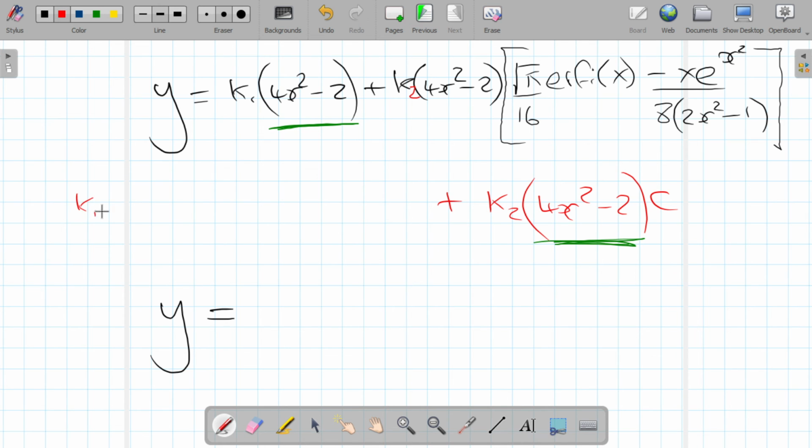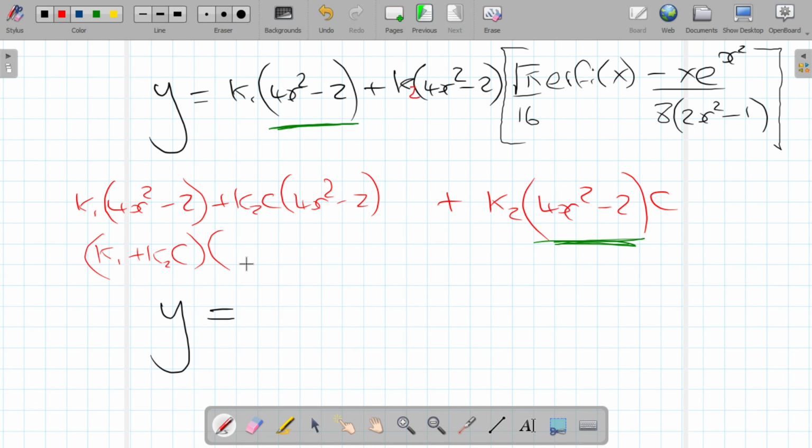If you've got k1 times 4x squared minus 2 plus k2c 4x squared minus 2, then you can simplify this by factorising everything out as such, so that you get k1 plus k2c all multiplied by 4x squared minus 2.